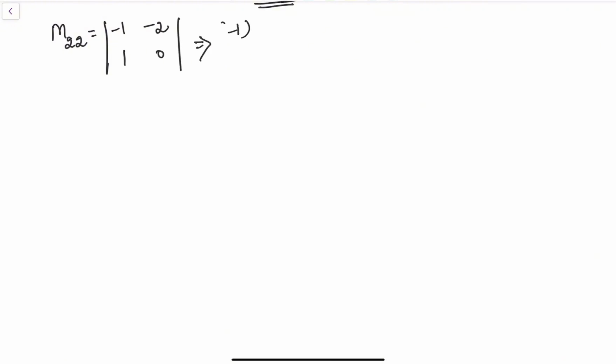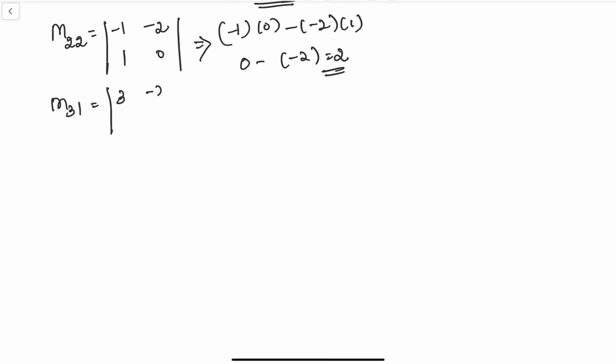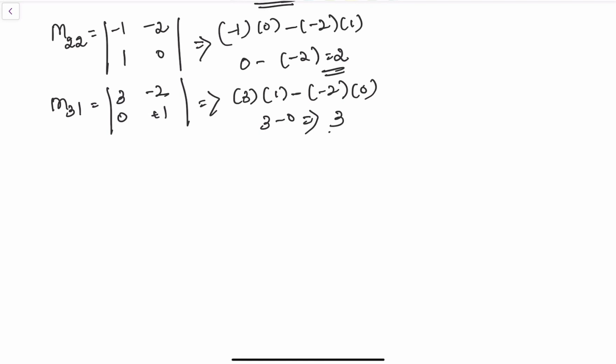So the value will be minus 1 into 0 minus 1 into minus 2, so 0 minus of minus 2 will be 2. M23 is what? Minus 1, 2, minus 2, 1. So the value will be minus 1 into 1 minus 2 into minus 2, so you will get minus 1 plus 4 as 3.